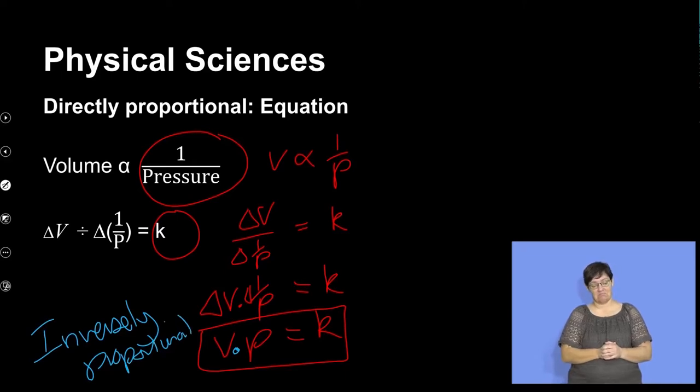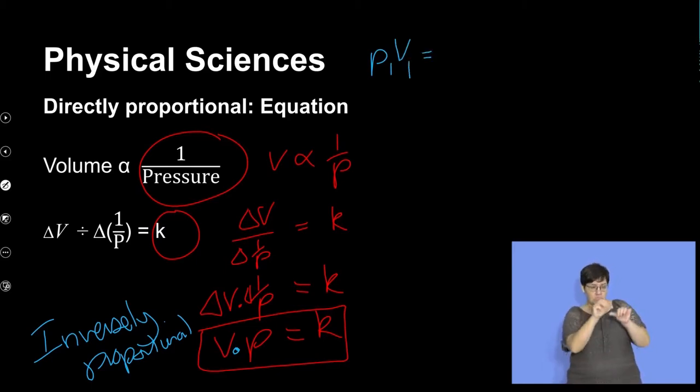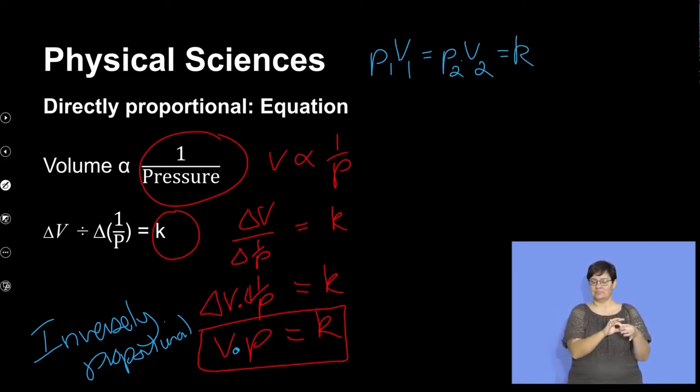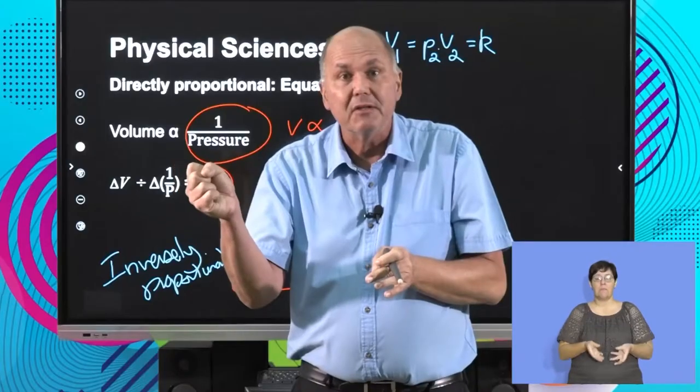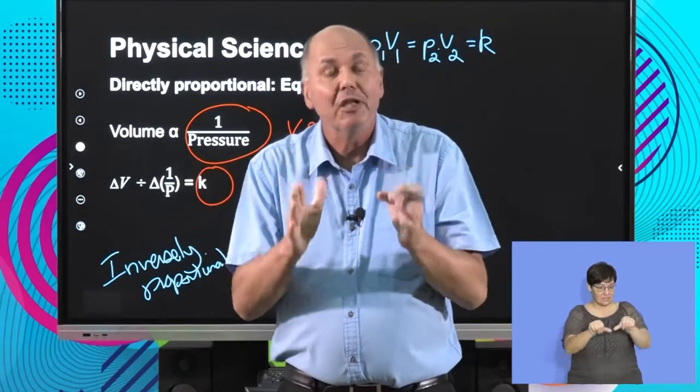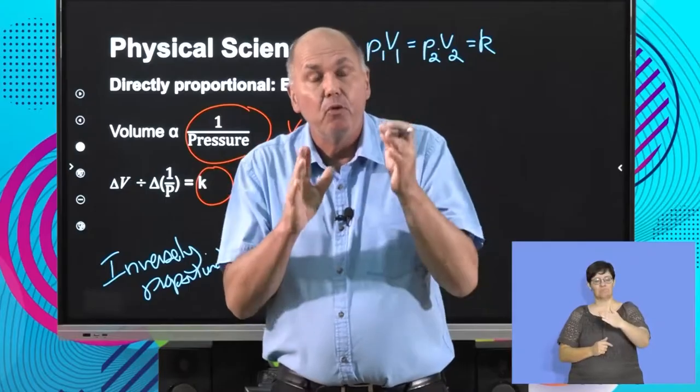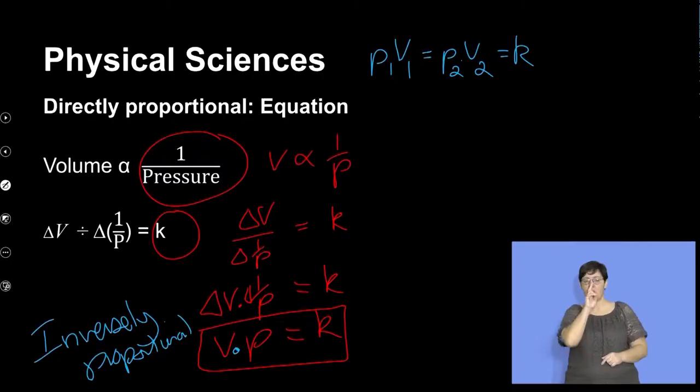Now, in the likes of the pressure volume graph, let's just take some readings. If you look very carefully at that sort of relationship where you take points and you multiply them together and they give you a constant, that's not going to give you a straight line if you plot it, but it's going to give you a hyperbola.